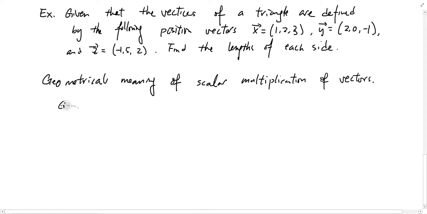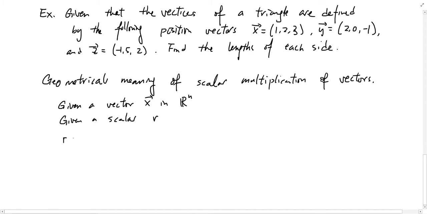So let's say given a vector x in Rn, and let's say given a scalar r, what would happen when I multiply vector x by r? Well, that depends on several things.